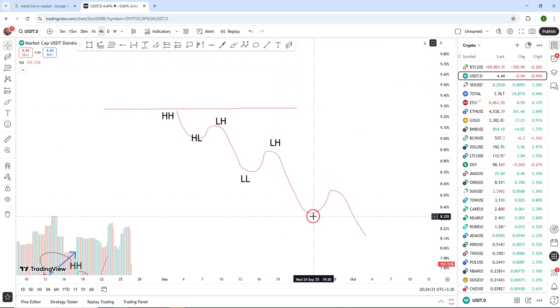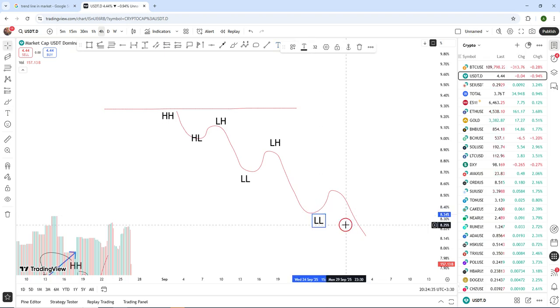I think it's enough to use this one, lower low.